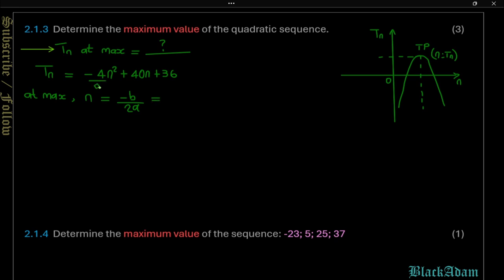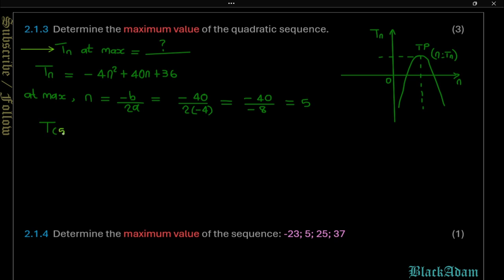So that means that negative 4 is our a, 40 is our b, and that's going to be negative 40 all over 2 multiplied by our a, which is negative 4. That gives us negative 40 over negative 8. So the negatives cancel out, so we're going to have a positive number, which is 5. 40 divided by 8 is 5.